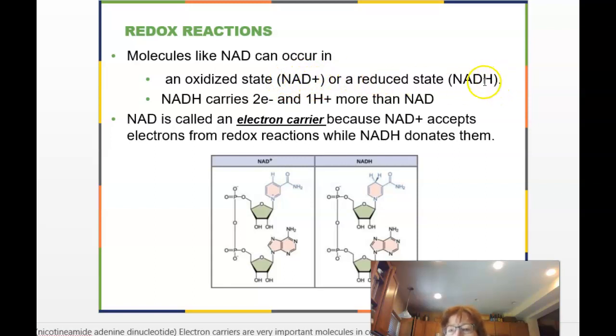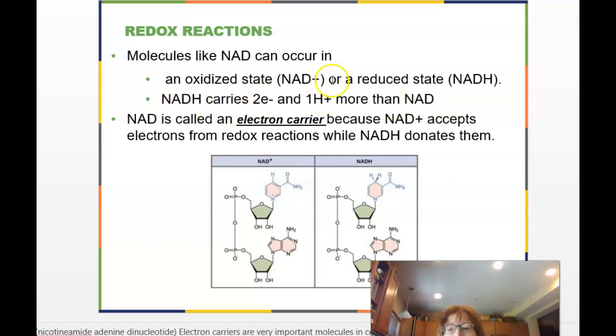We see that here in the form of hydrogen. So now this is in a reduced state. So what NAD serves as in a lot of these biochemical reactions is a transfer molecule. So it can pick up electrons, and it can then become reduced, and then it can give those electrons away in another reaction, and therefore become oxidized.